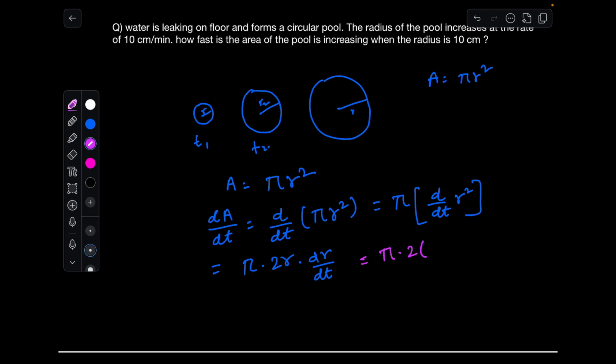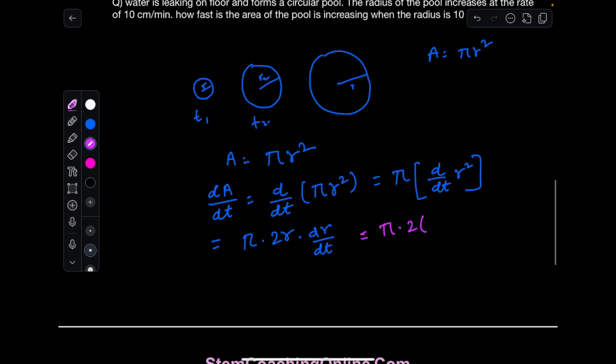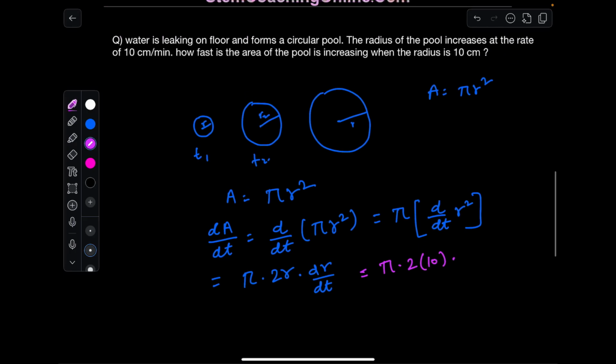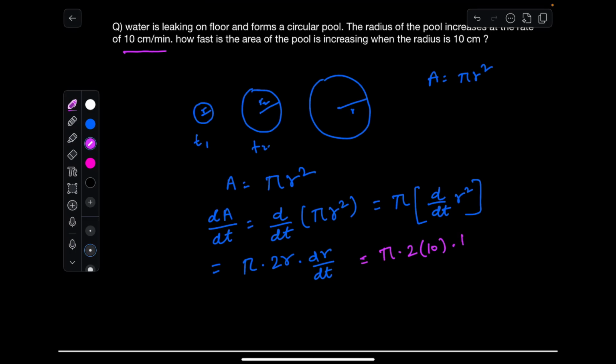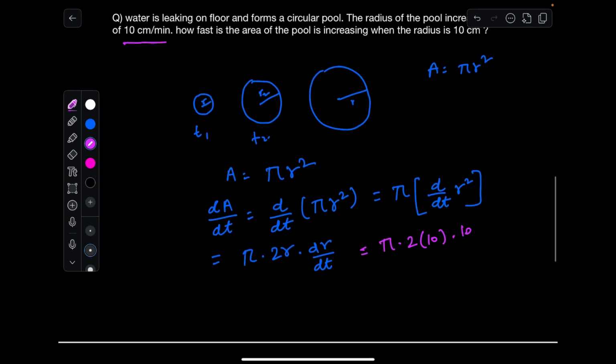So what is the radius when we want to calculate the change of area? Radius is 10. What is changing the radius? The radius is changing at the rate of 10 centimeters per minute. So I'm going to put 10 here as well, which gives me 200 pi. 200 pi, because it's a rate of change, so it will be centimeters square per minute.